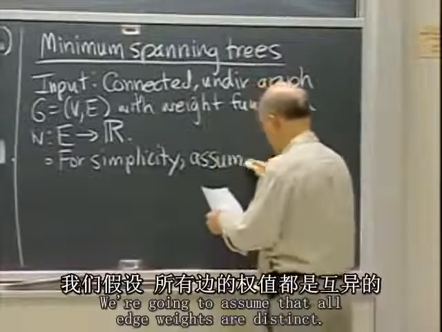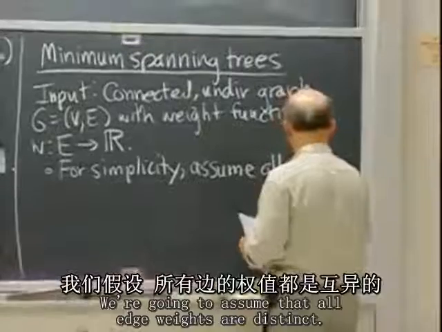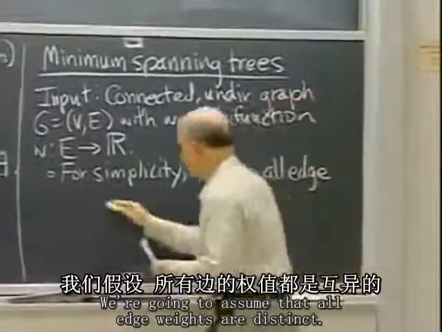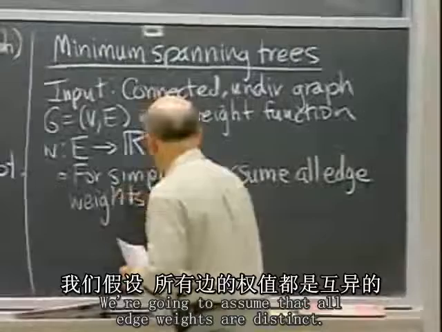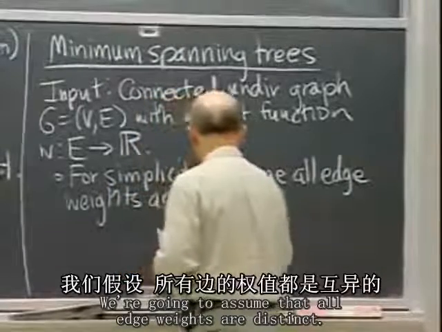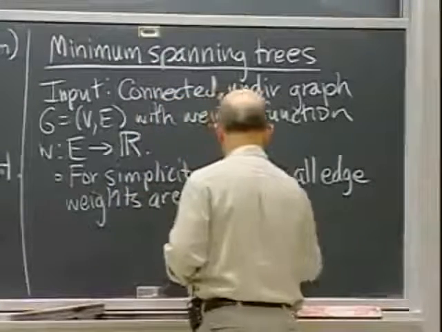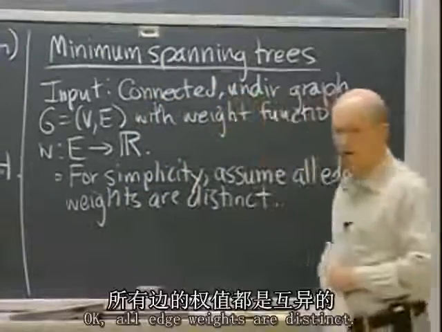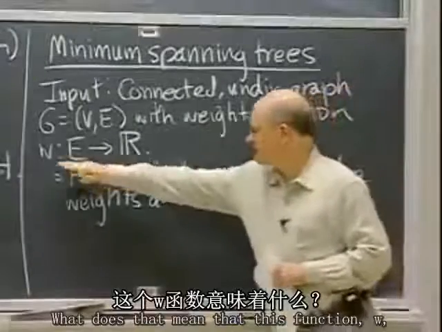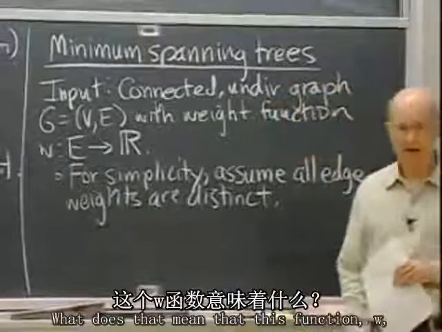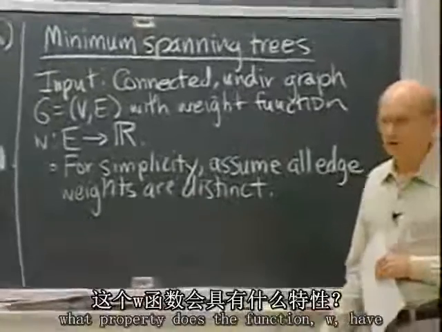We're going to assume that all edge weights are distinct. All edge weights are distinct. So what does that mean? What property does the function w have if all edge weights are distinct?